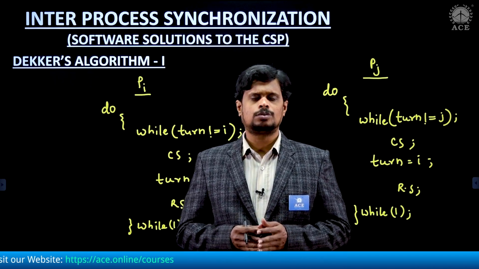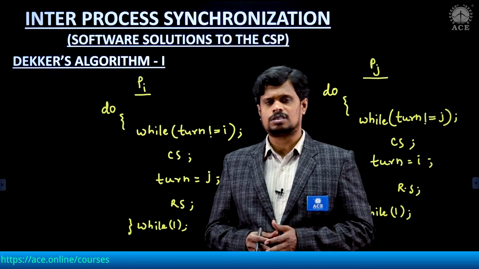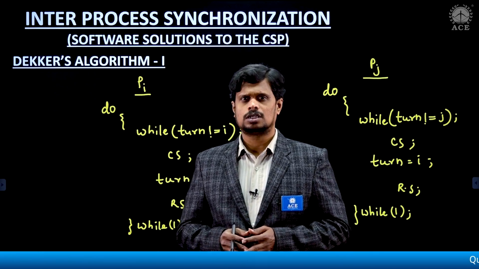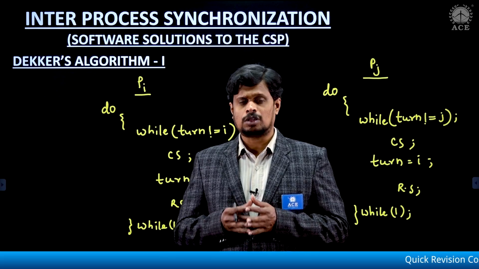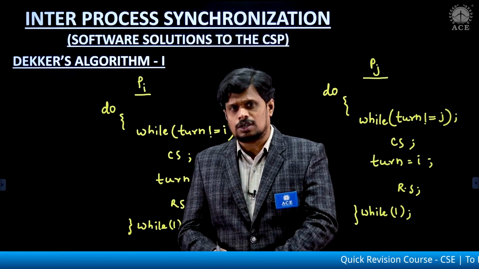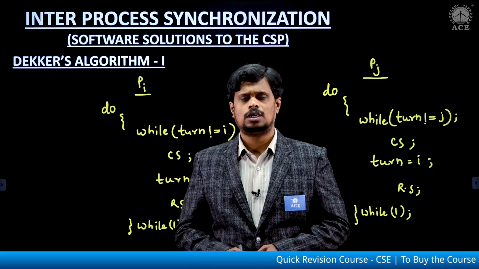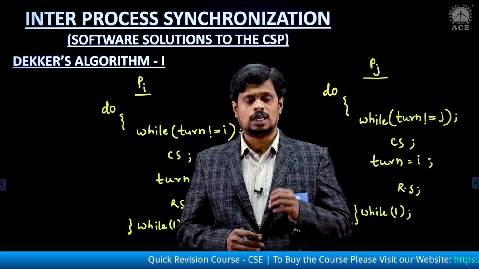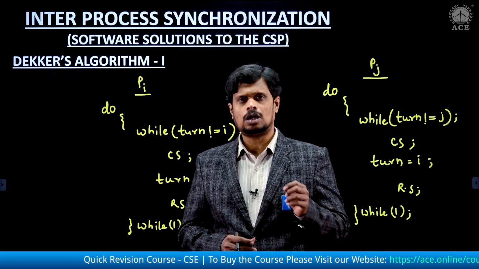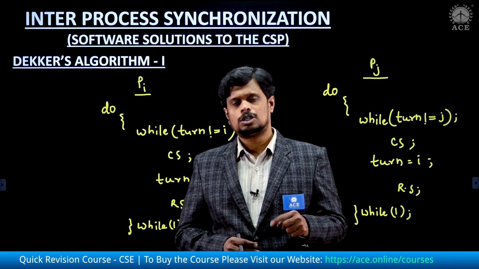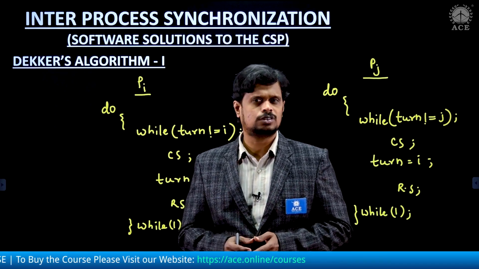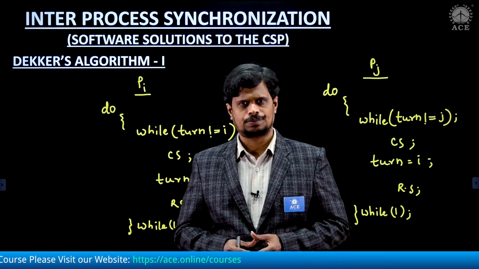When the critical section is free, if process Pj made a request to enter into the critical section, before that request is granted, there should be a bound on the number of times another process Pi can enter into the critical section. So this is the definition for bounded waiting.